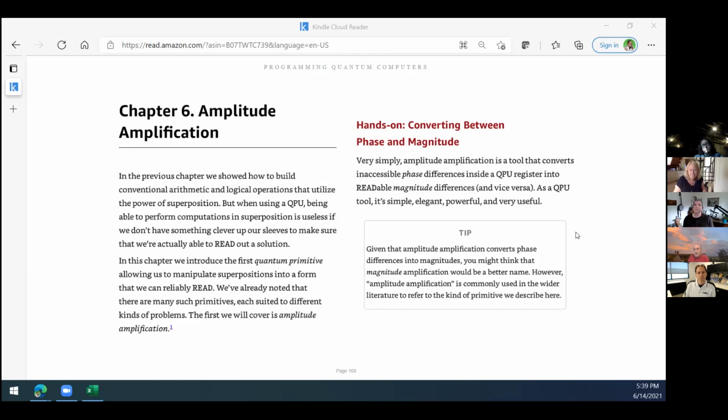Mm-hmm. So in order to make it readable as digital, as a number, as a result, you want to transform the things that you can't see, those phases, into some kind of number at the end that you could read out and symbolizes something for you.